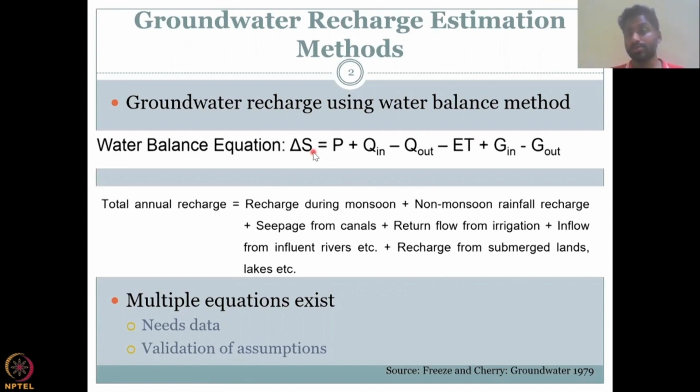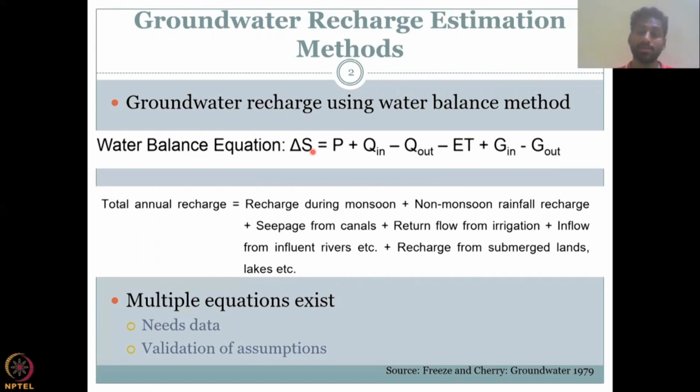So these terms can be interchanged. The first equation, as you saw, was an overall general equation for the basin or watershed, and del S is a change in storage, which is nothing but your precipitation, your Q in, your surface runoff in, and then surface runoff out is subtracted from the total. Your ET is subtracted from the total, and your groundwater in minus groundwater out.